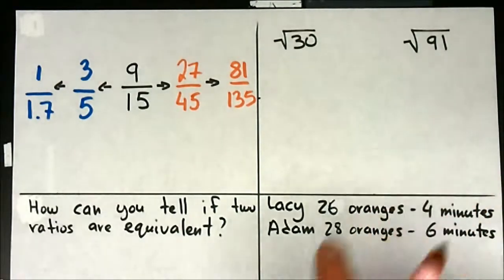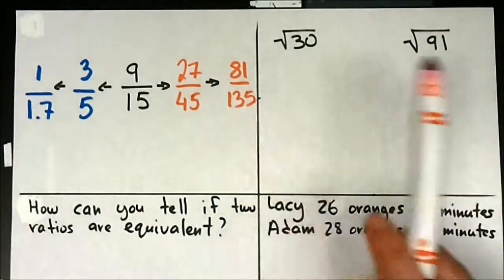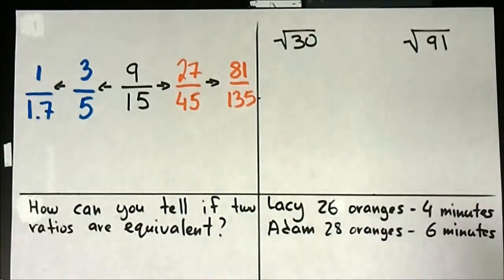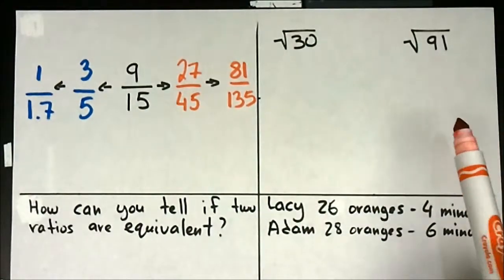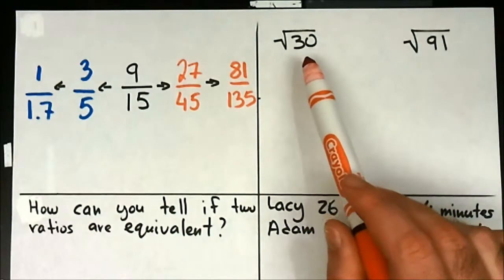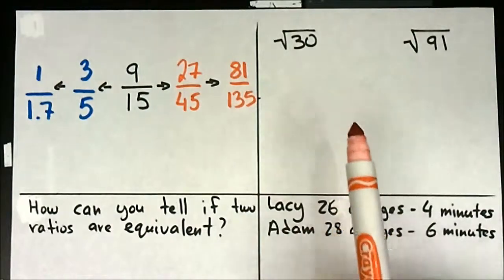Alright, moving on to the next problem here. You're asked to estimate the possible root answer. Now, neither 30 nor 91 are perfect squares. So what we do is we find estimates, or 2 roots between which these two lie. So what are the 2 perfect squares between which 30 lies? So the smaller and the greater for 30.